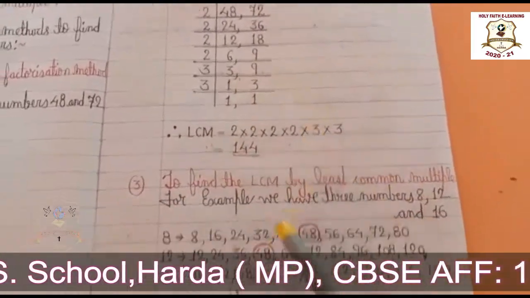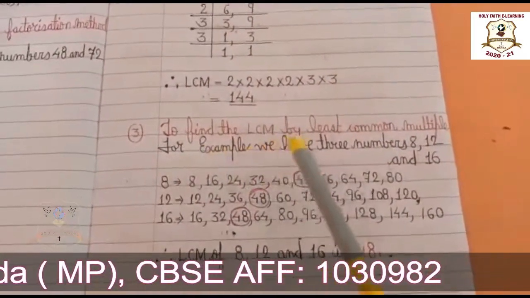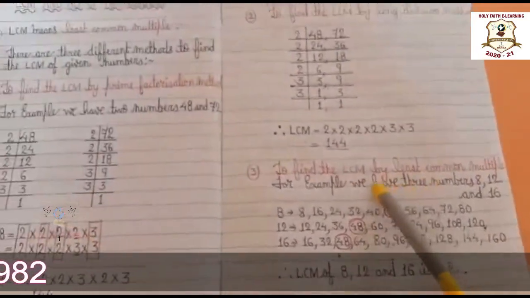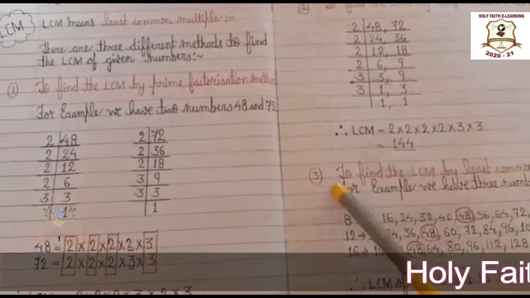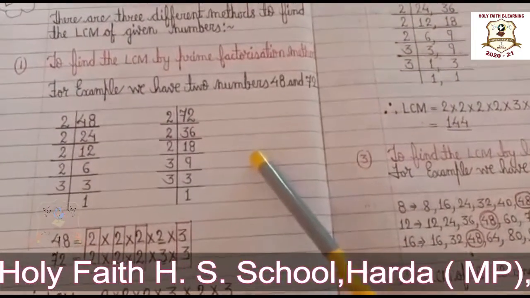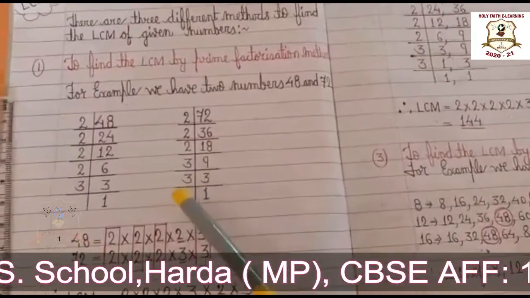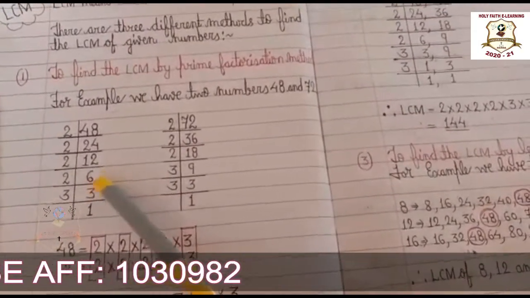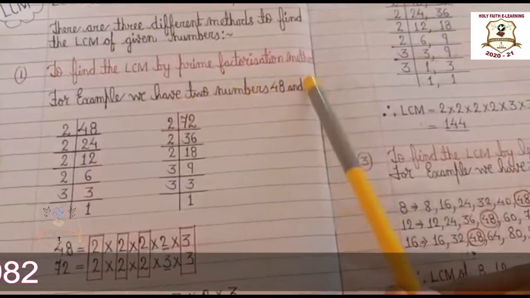And the third one is to find the LCM by least common multiple. These are three important methods for finding the LCM of the given numbers. So, let's begin with our first method, that is the prime factorization method.